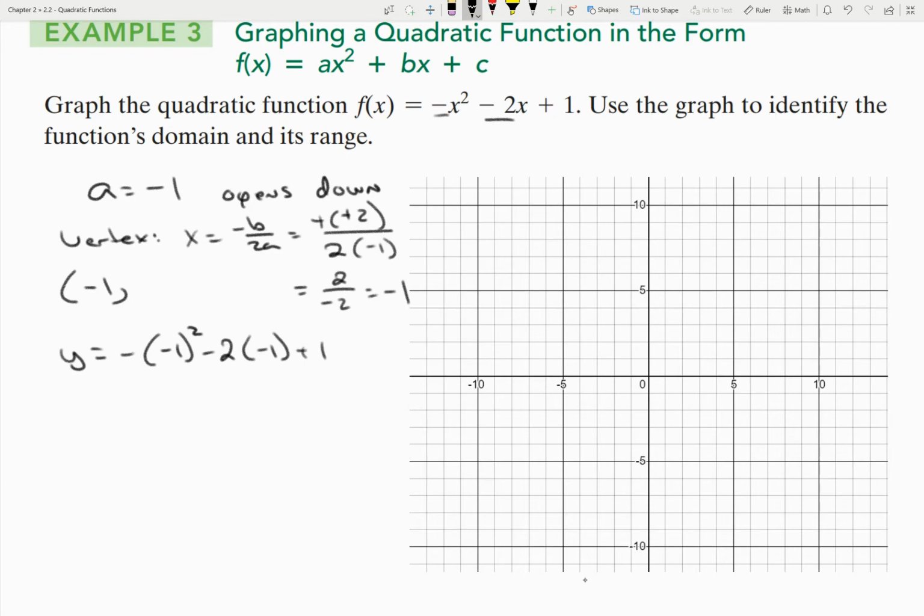So this turns into positive 1, so that's negative 1. Negative 2 times negative 1 is plus 2, plus 1, which would be a positive 2. So there's my vertex. My vertex is negative 1, comma 2. So negative 1, 2 right there.